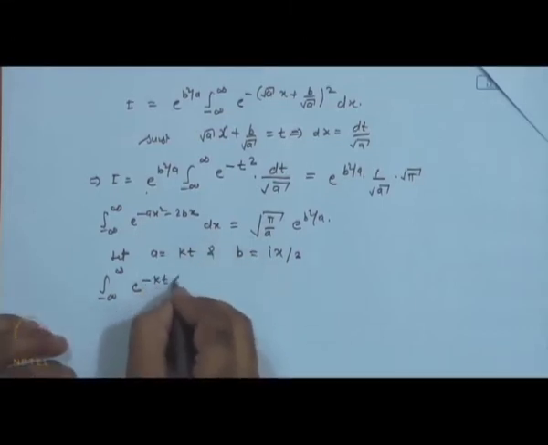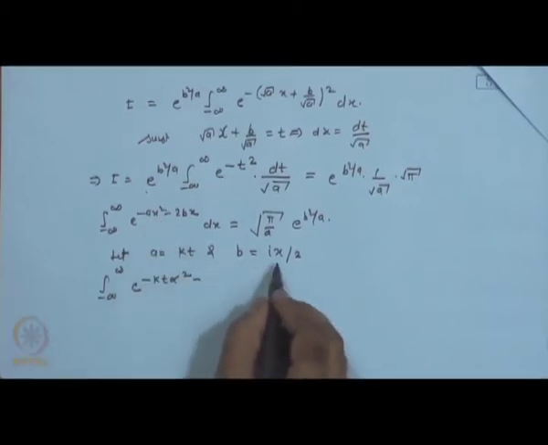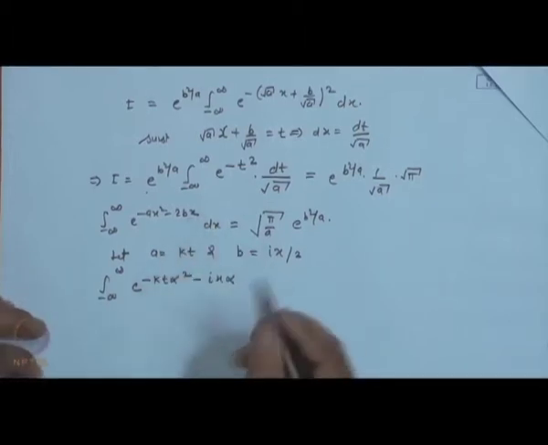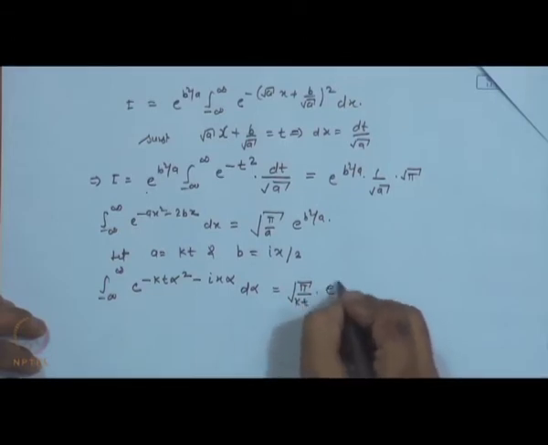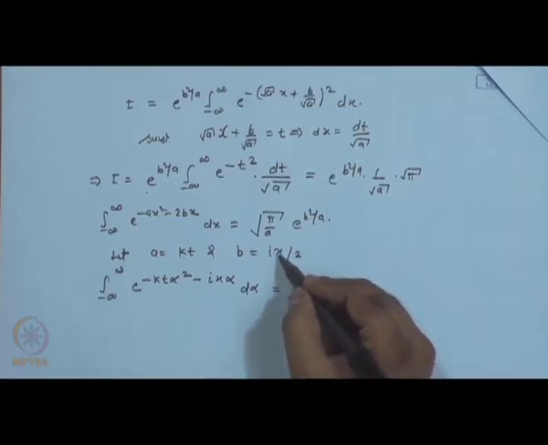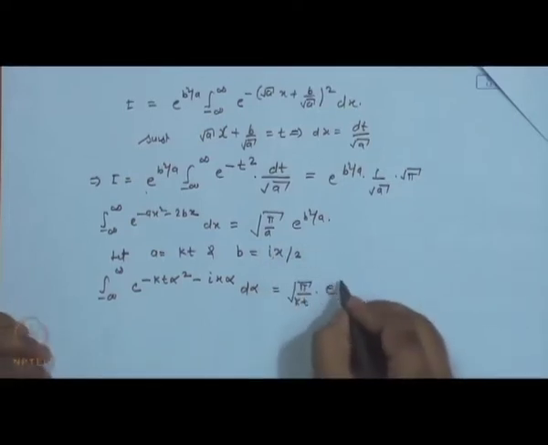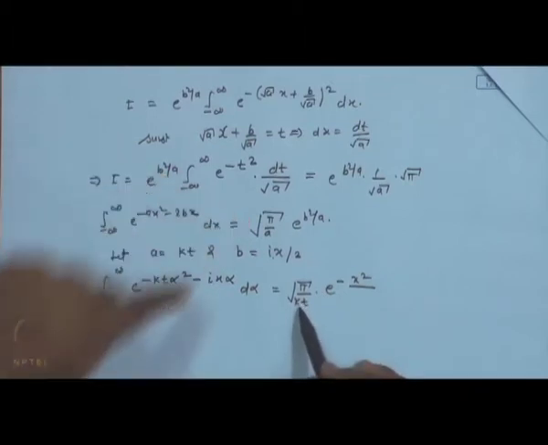So, e^(-k t alpha^2 - i x alpha) d alpha, and we have pi over a as pi over k t, and e^(b^2/a), where b^2 is i^2 x^2 over 4, that is minus x^2 over 4. So, b^2 over a with a equal to k t gives us minus x^2 over 4 k t.